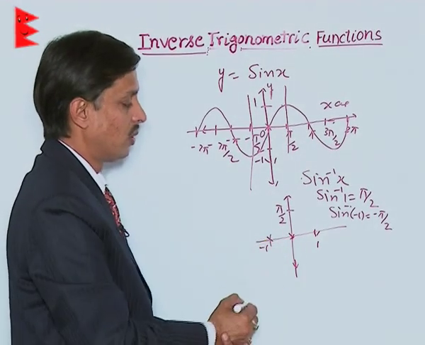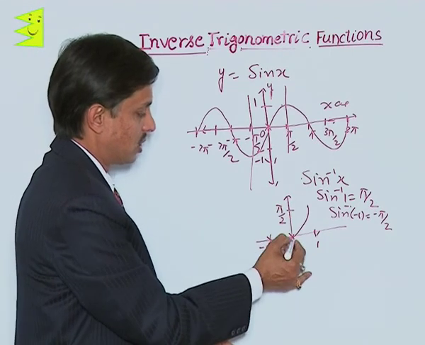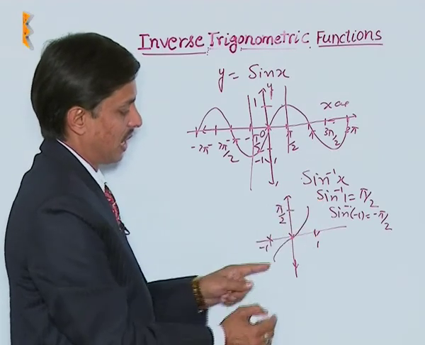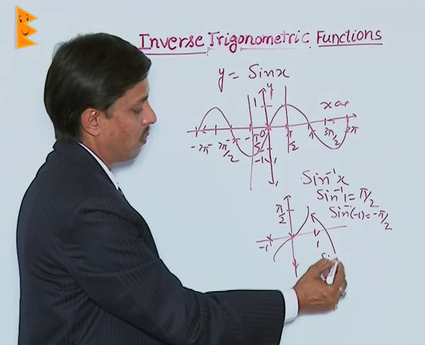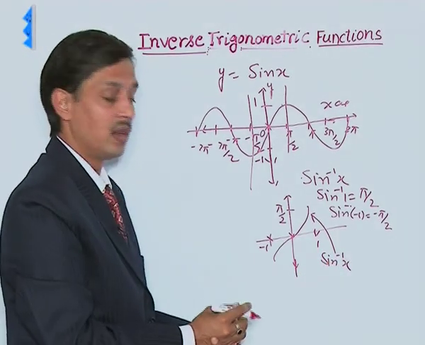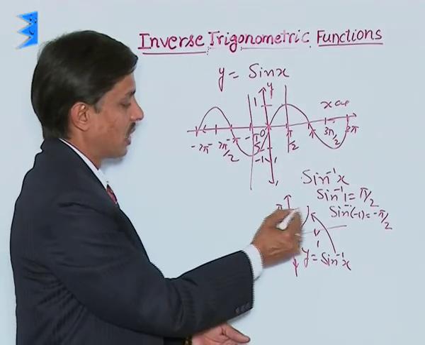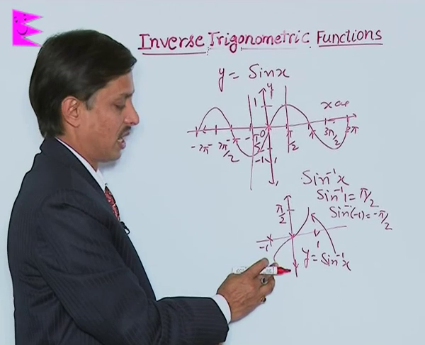So the graph of sin inverse x, at 0 it is 0 and at 1 it is pi by 2, so it will be like this and then this. So in the principal branch, this curve is the graph of y equals sin inverse of x. This is the graph of y equals sin inverse of x in its principal branch.